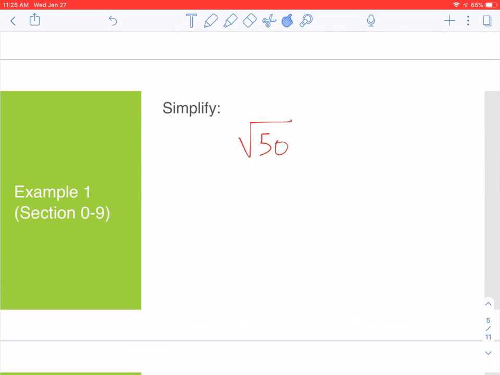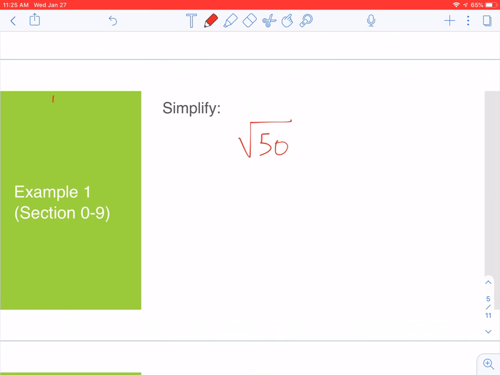All right, simplify square root of 50. Okay, there's a couple ways to do this. First of all, we have to know our perfect squares. Okay, so I can start to list them out here. You can Google these, you can look them up.